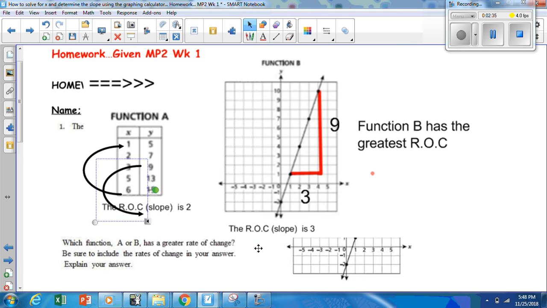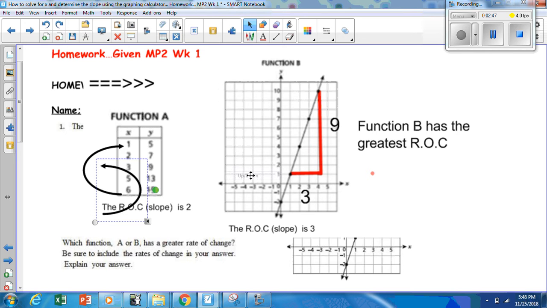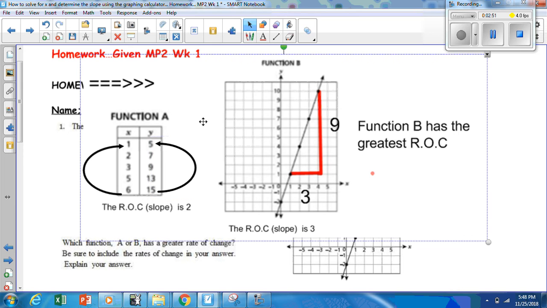So, if I just want to look at my rate of change here, going from 1 to 6 means I have to have a 5 here. And going from 5 to 10 means I have to have a 10 here.